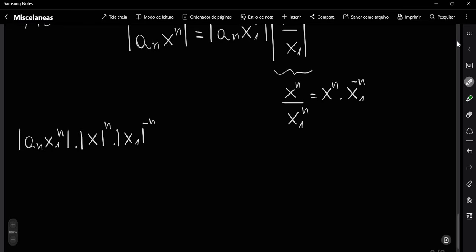Right here is minus n, sorry, because we are now doing the inverse operation.